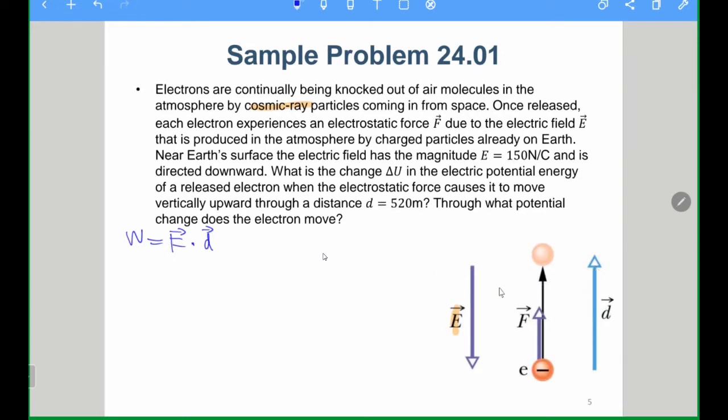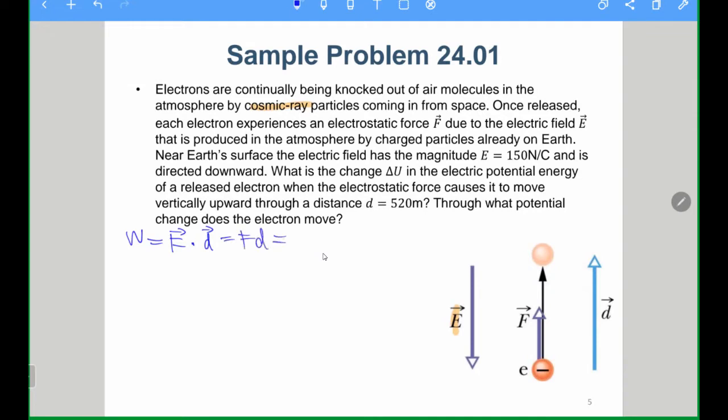And then the F is also pointing upward because E is pointing downward. The electron is a negative charge, so when a negative charge is placed in an electric field, the force will have an opposite direction to the E field. So F is pointing upward. Here, F and D point in the same direction, so we have a positive value, F times D.